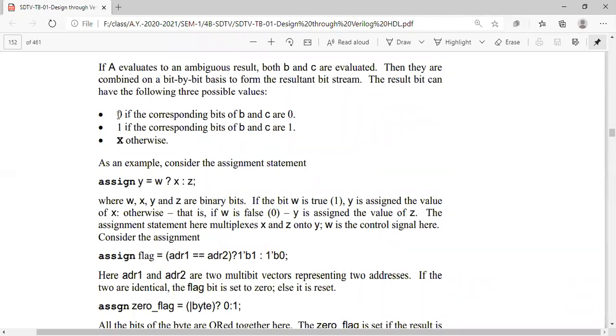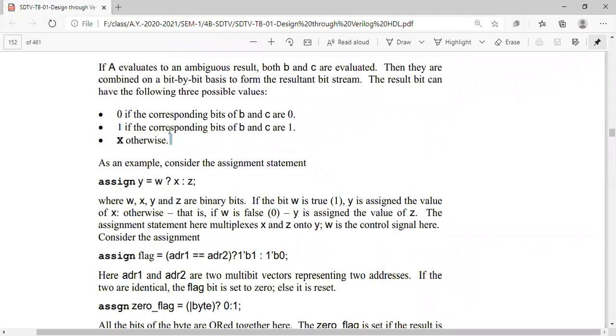It will get 0 if the corresponding bits of B and C are 0. That means if B of 0 is 0 and C of 0 is 0, automatically the result will also have 0 there. And if B of 1 is 1 and C of 1 is 1, automatically the result will also have a value of 1.